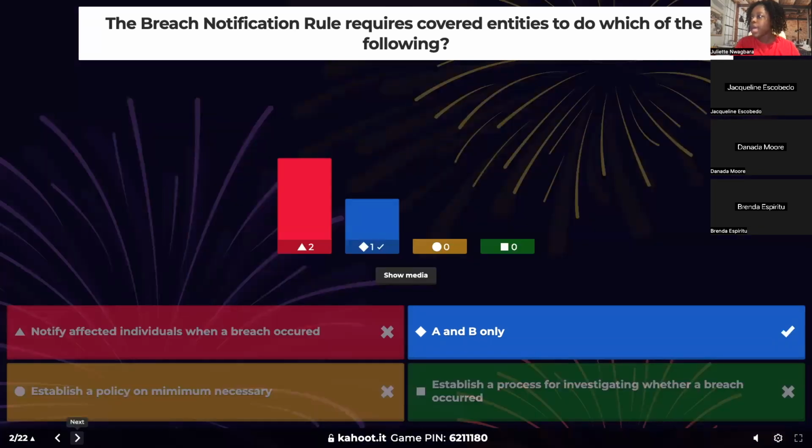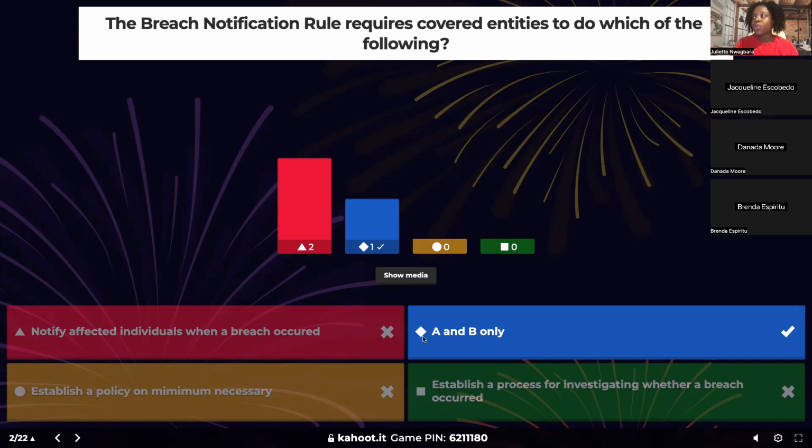All right, so it looks like two people got it wrong and one person got it right. The correct answer here was A and B. So the breach notification rule is going to, first off, notify affected individuals when a breach actually occurs.